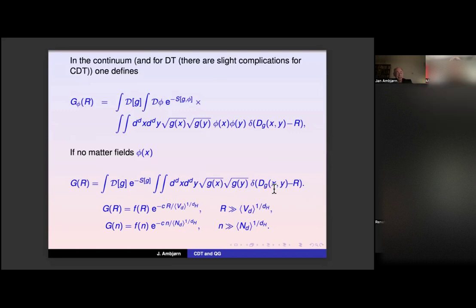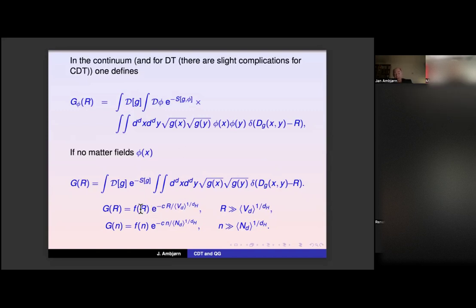You take a point x, you average over all points which have the distance r to this point, and then you average over all x. So this is basically the volume of a d-1 sphere of radius r. And this is why it describes the fractal structure, because if the set of geometries has a fractal structure, then this will appear exactly in this way here.